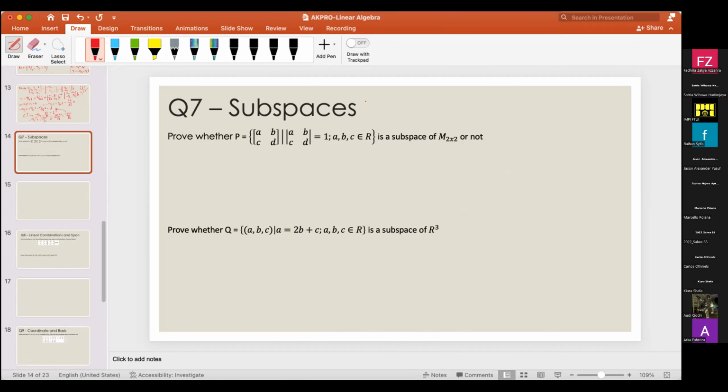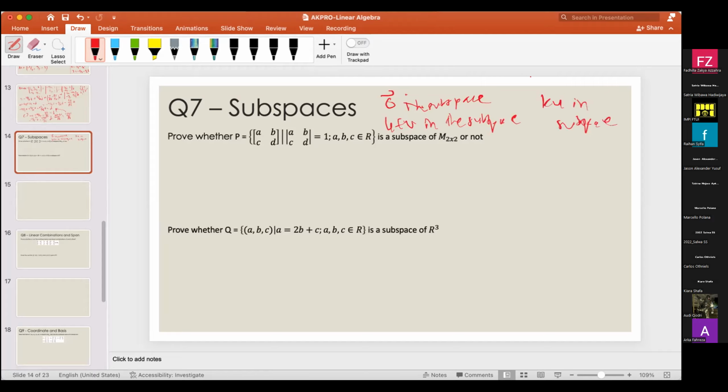And for something to be a subspace, the zero vector must be in the space, the operation U plus V must be in the subspace, and the operation KU must be in the subspace.